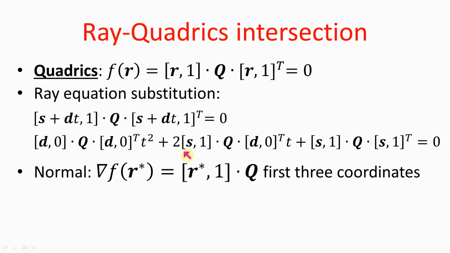Let me emphasize that here I already exploited the fact that Q is a symmetric matrix, because if Q was not a symmetric matrix, it should be written as S1 multiplied by Q and then multiplied by d0 plus d0 multiplied by Q multiplied by S1.